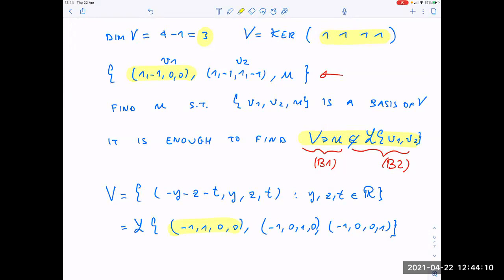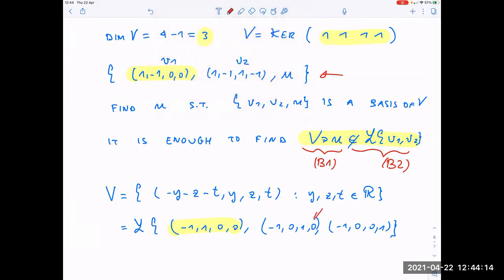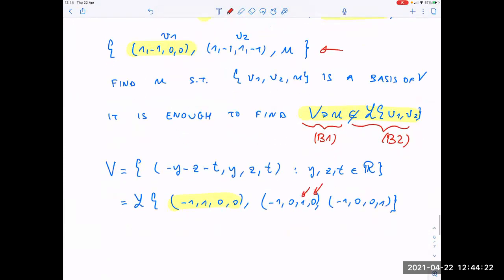But for sure, this vector here is not a linear combination of V1 and V2, because of having a 0 there and not a 0 down there. So this is a nice choice for vector U, which is not a linear combination of V1 and V2. So this is a way of doing this.